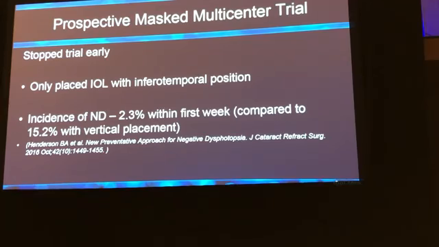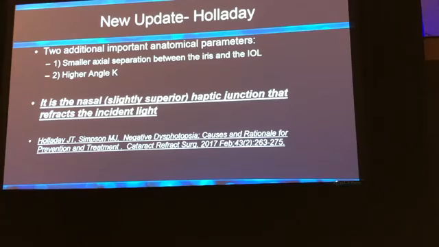In this trial, the evidence was so strong that we ended up stopping the trial early and only putting the lens in the study position and continued to follow. And in fact, what we found was there was a very, very significant decrease in the incidence of negative dysphotopsia in the first week. As an update, Jack Holliday actually looked at this and he said, but Bonnie, it's not actually the infratemporal optic-haptic junction, it's actually the supranasal haptic junction that's blocking the light.